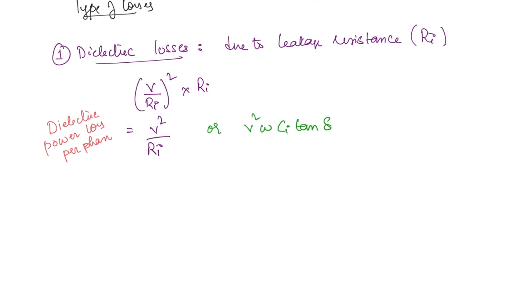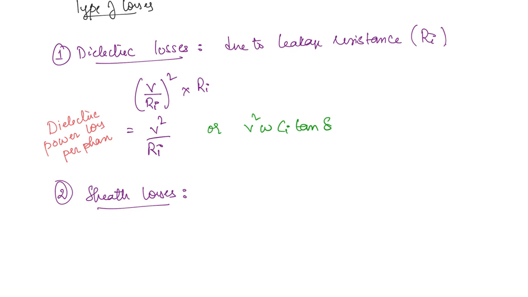The second kind of loss is the sheath loss. The core is going to carry alternating current, right? When there is alternating current and there is a metallic conductor nearby, the metallic sheath is a conductor. So what will happen in the presence of an alternating current? It is going to experience a time varying magnetic field. When there is a time varying magnetic field, current will be induced.